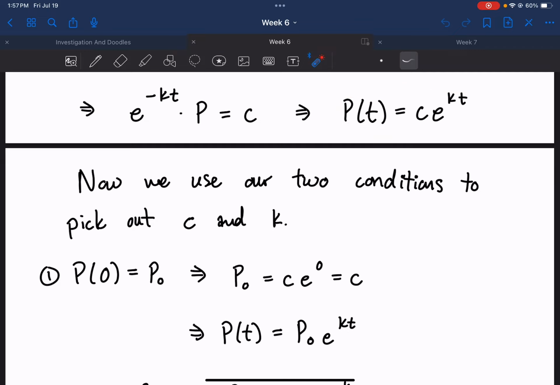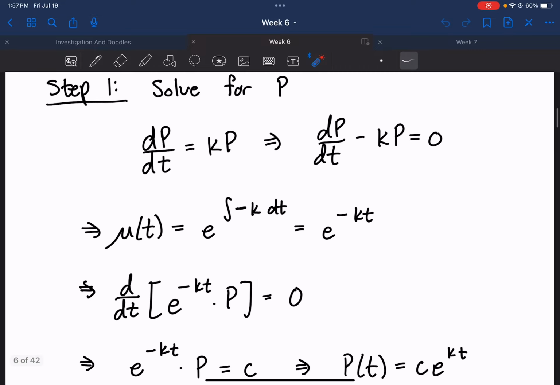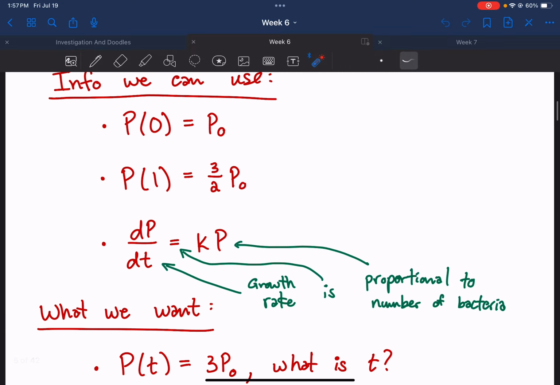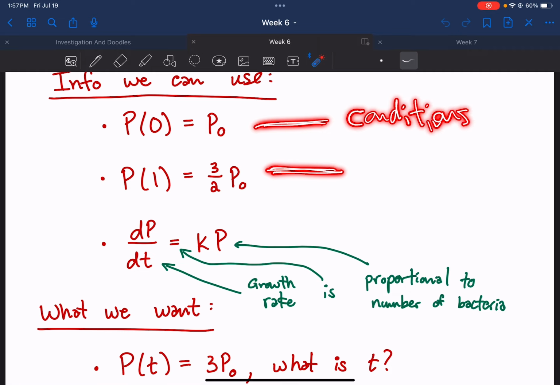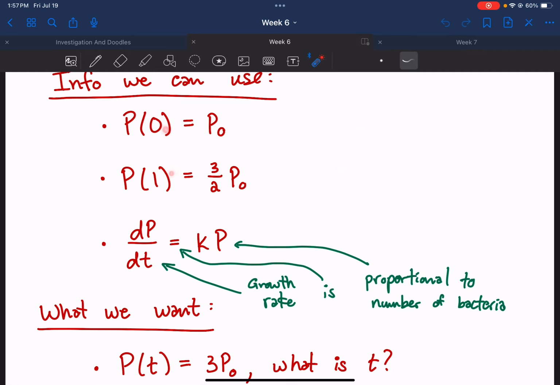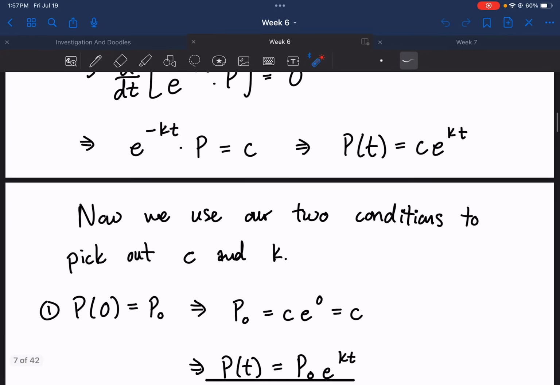And we want to use the two conditions that we have to find k and C. So we have two conditions if we look back up here. We're given P(1) and P(0). Since I have two equations and two unknowns, I can solve for C and k.